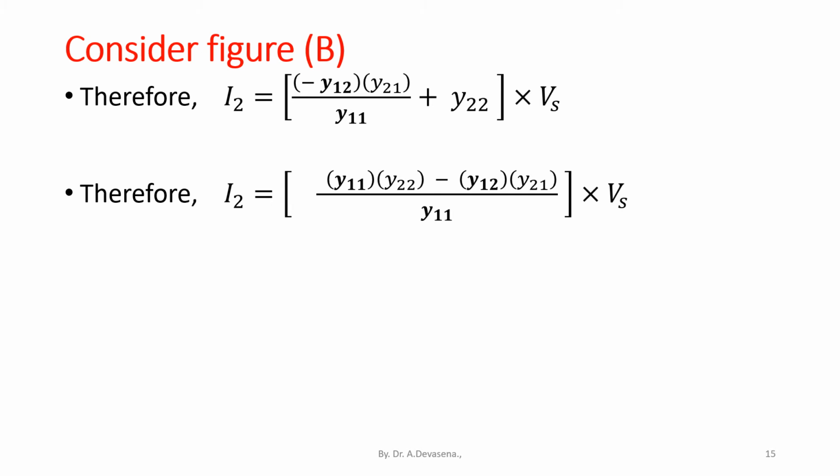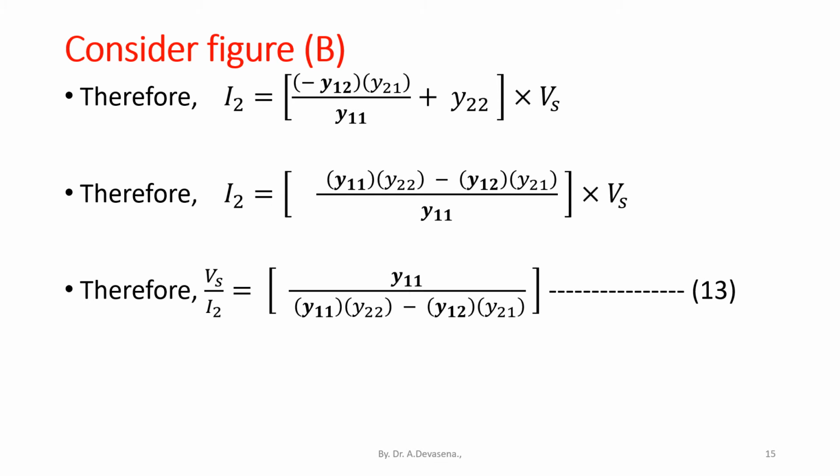That is, I2 is equal to, open the bracket, Y11 Y22 minus Y12 Y21 divided by Y11, close the bracket, into Vs, because we have taken the LCM.